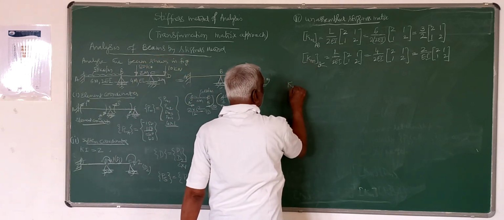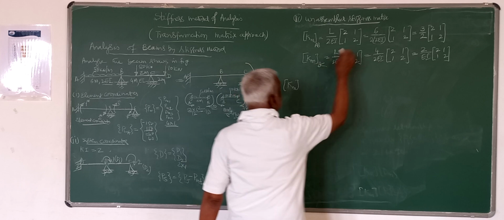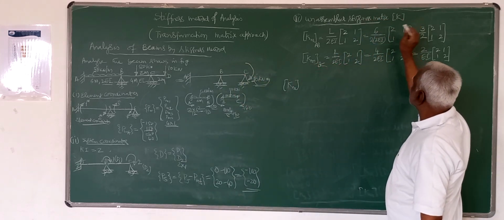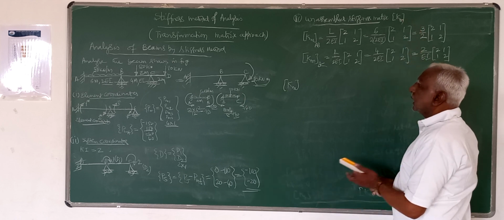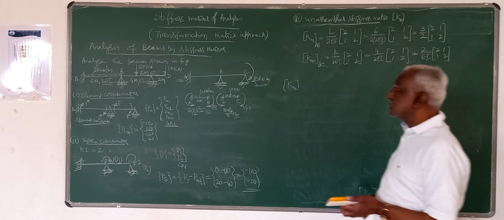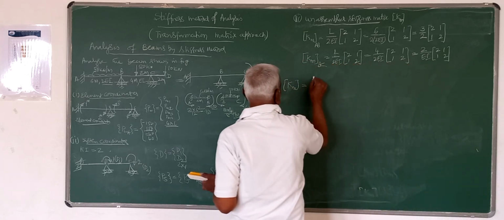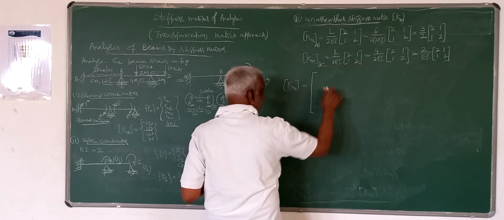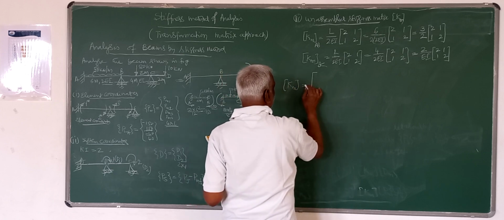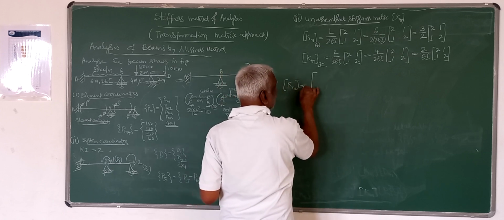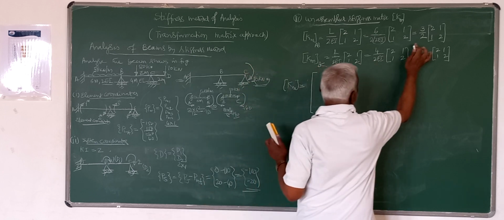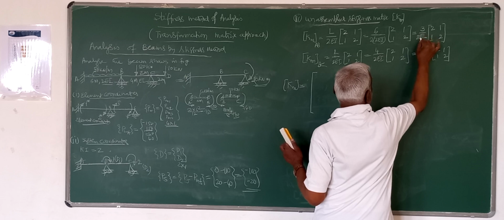So therefore, the unassembled stiffness matrix is nothing but an assemblage of all the member element stiffness matrices. We have to place them along the diagonal of the matrix. So here I will take 1 over EI outside, where this is 3 by 2 EI.